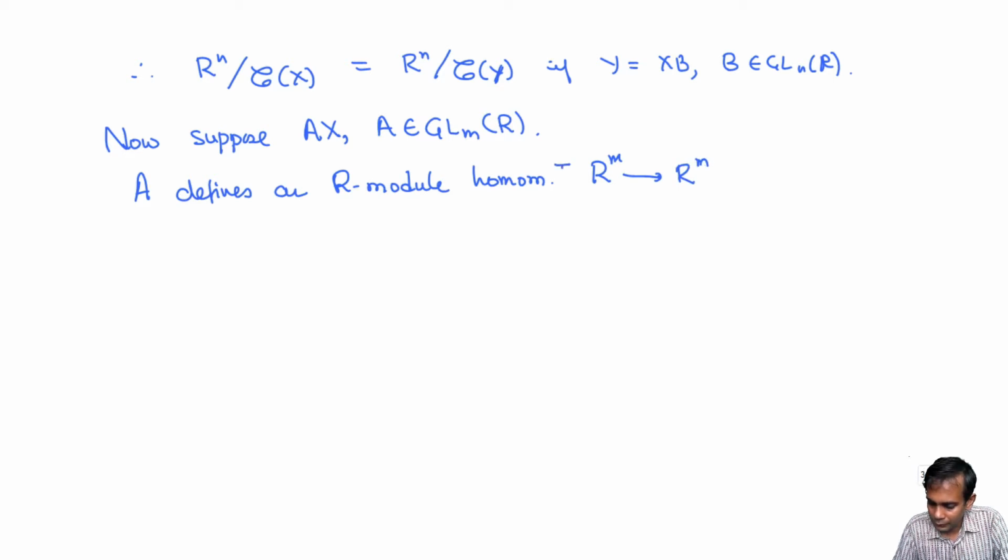Let's call it T subscript A. What does this do? T subscript A of a vector V in R^m is just A times V.